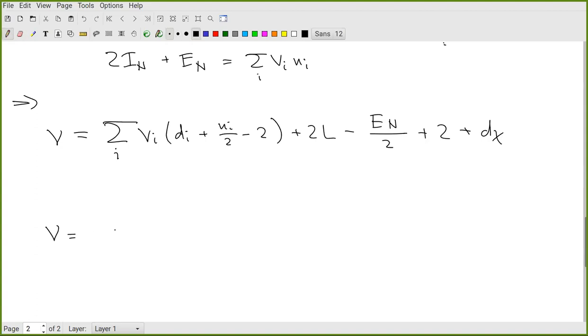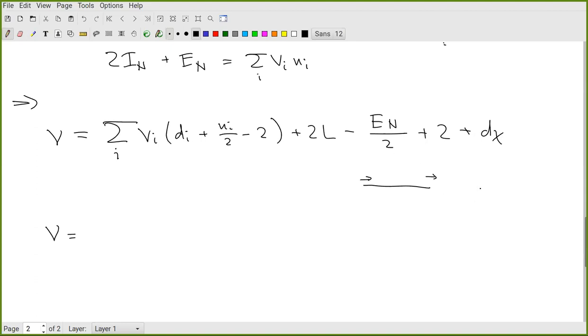Okay, one more thing. Each nucleon line that goes in must also come out. So you can just replace this Ni over 2 by the number of nucleon lines. Like a nucleon line has one nucleon coming in and one nucleon coming out.